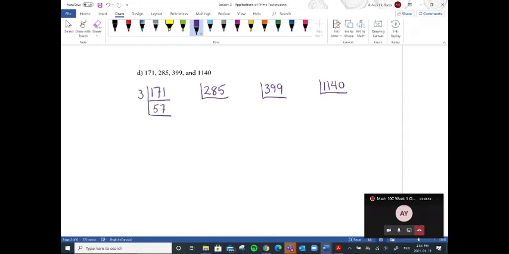And that'll leave me with 57. Okay, something ending in a 7. Again, it's odd. Can't use a 2. Possibly a 3. 5 plus 7 is 12, which is divisible by 3, so 3 should work. And we get 19. And 19 is a prime number, so we can stop there.